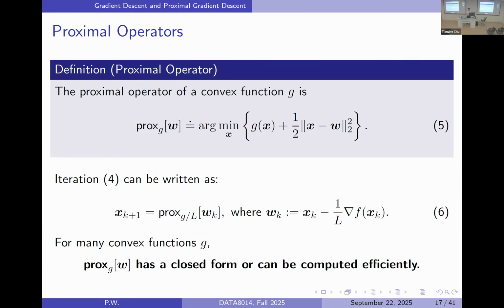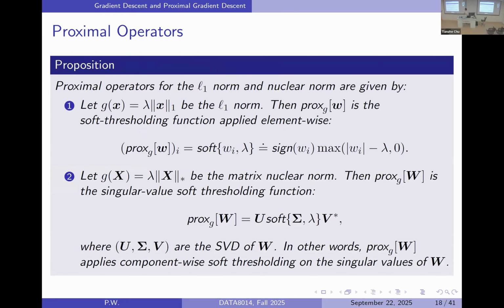Here we give two concrete examples of proximal operators. The first one is very typical: the function is the L1 norm. If we plug the L1 norm into that optimization problem, you can show that the prox mapping for this function is essentially the element-wise soft thresholding function.